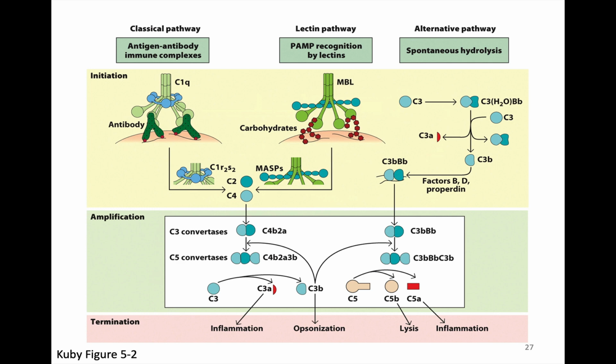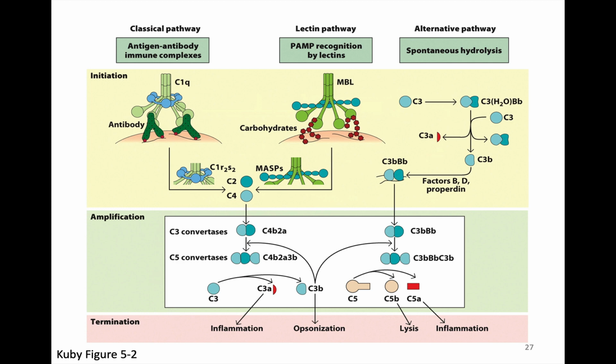The first way to start the complement cascade that I want to tell you about is a way that's known as the classical pathway. The classical pathway was the first one we described. It's the first one immunologists figured out.